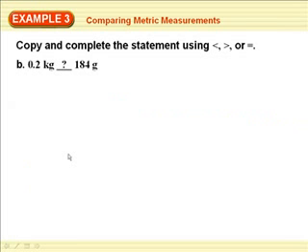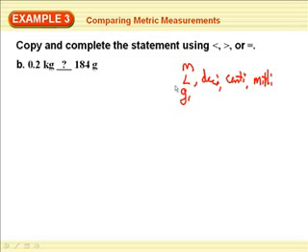Okay. Kilograms to grams. Let's just take and convert. Liter, gram, deci, centi, milli, deca, hecto, and kilo. Okay, let's change this one to grams.